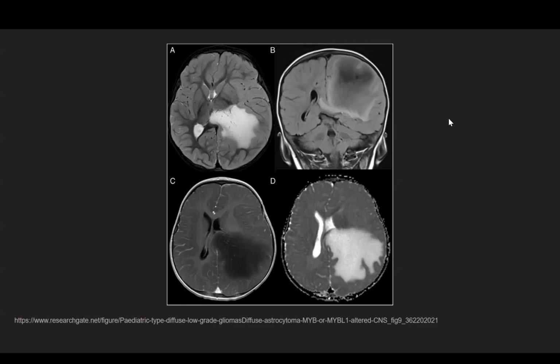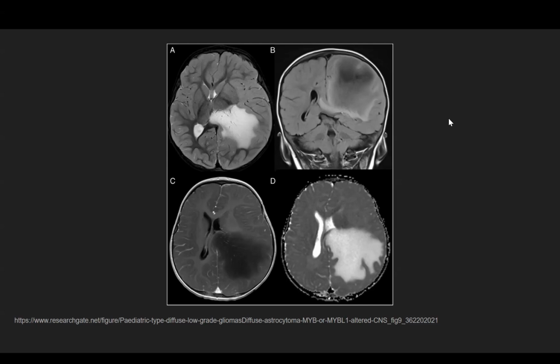You are slightly going off the road. Can anybody else volunteer for this radiology, please? Do we have anyone else, or should I proceed?